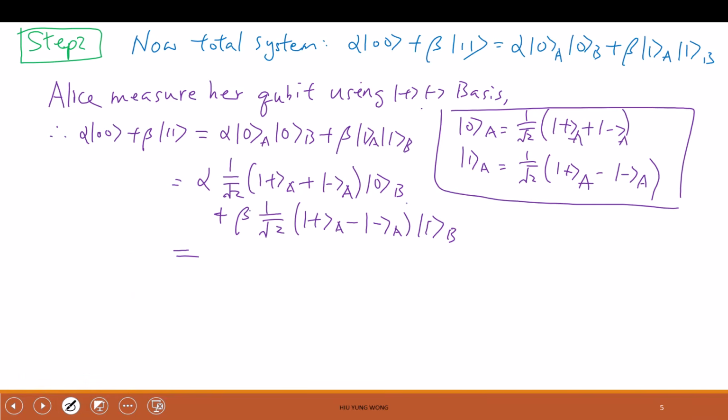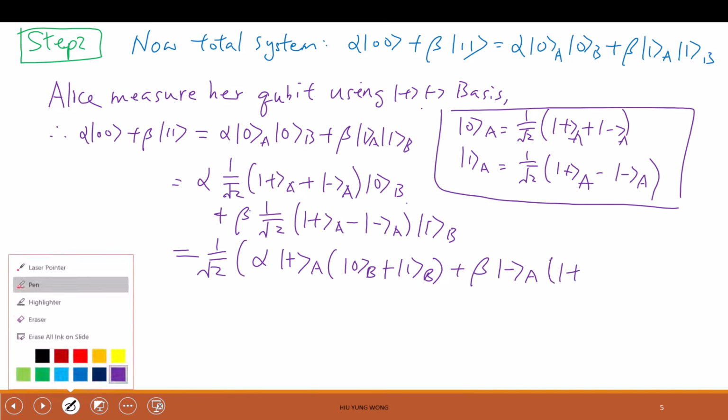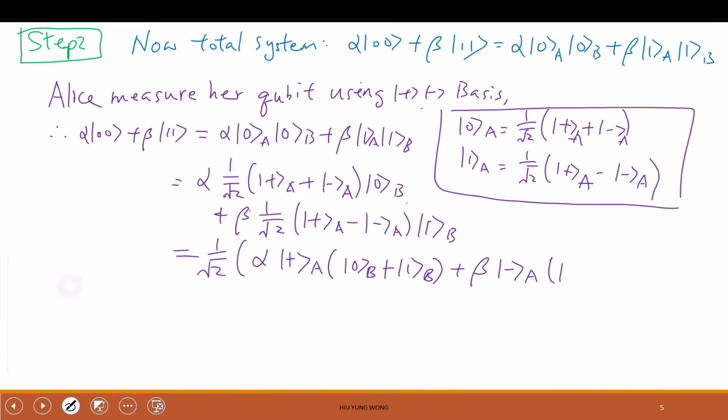So basically, I will have 1 over square root 2, I just take it out, the whole thing, alpha times plus_A 0_B plus 1_B, plus beta times minus_A 0_B minus 1_B.